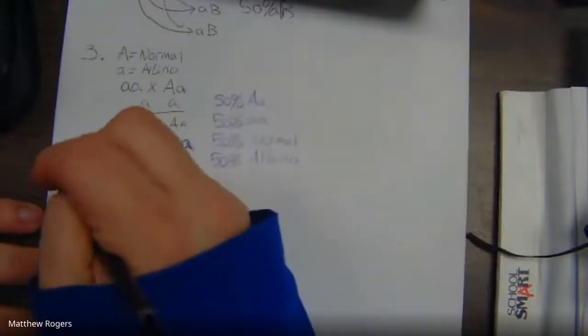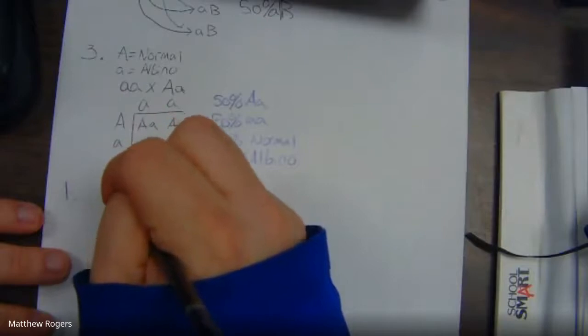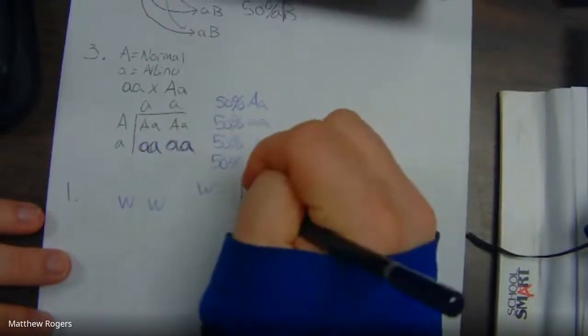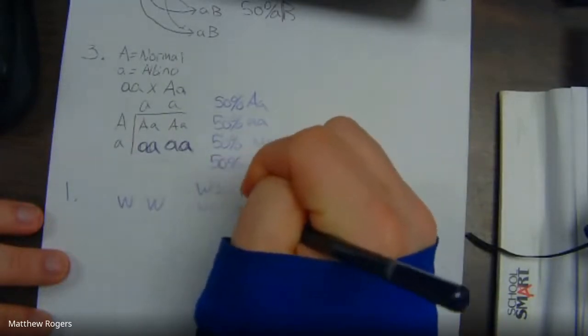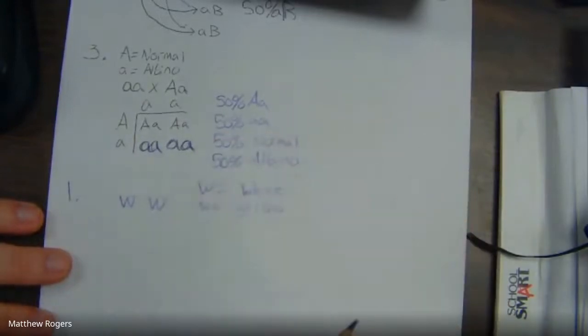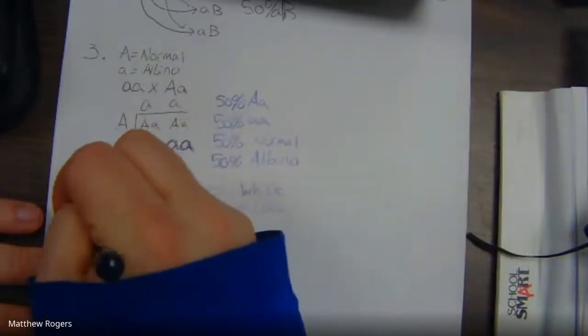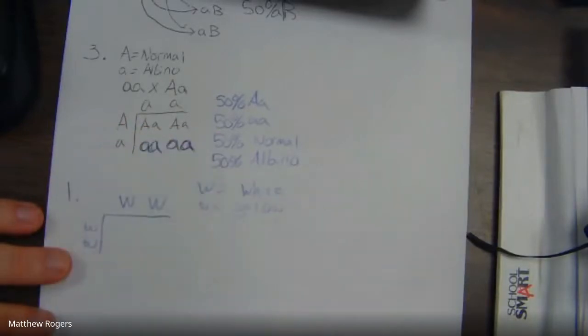So, number one, big W equals white, little w equals yellow. Sometimes with these letters, I like to put a little mark in them to reference which is the small one, because my W's all look kind of the same.